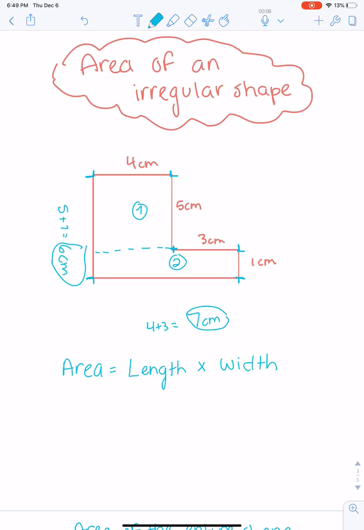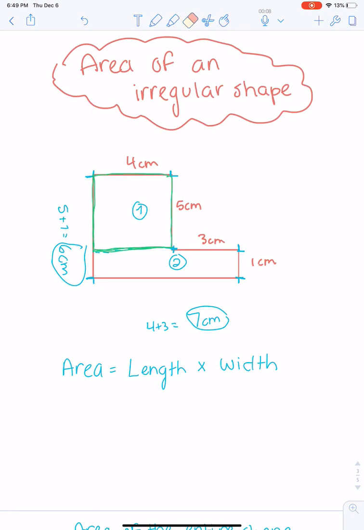I broke the shape down into 2 different shapes. I'm going to make this shape green so we can really visualize it, and we're going to start with number 1 here, the one I just made green.